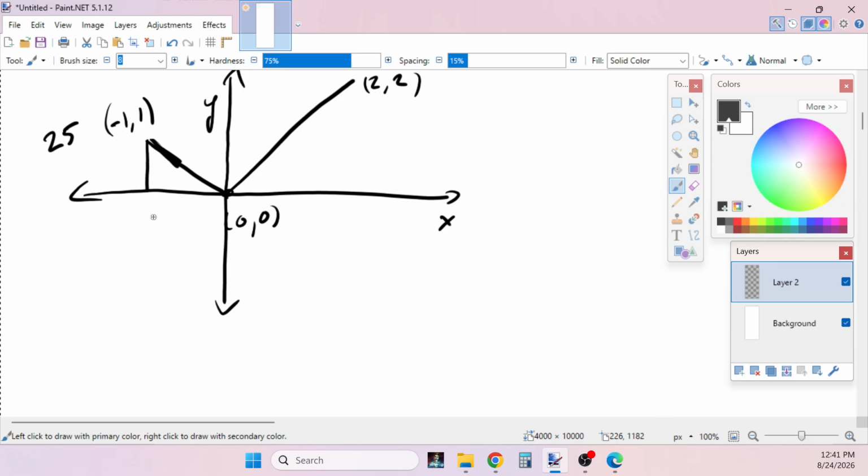It says, for the rectangles, use square units and approximate both above and below the line. So we'll make a rectangle that goes above the line like this.